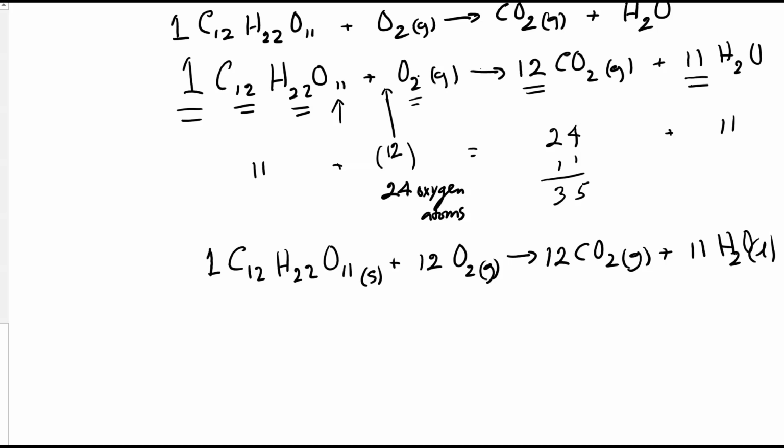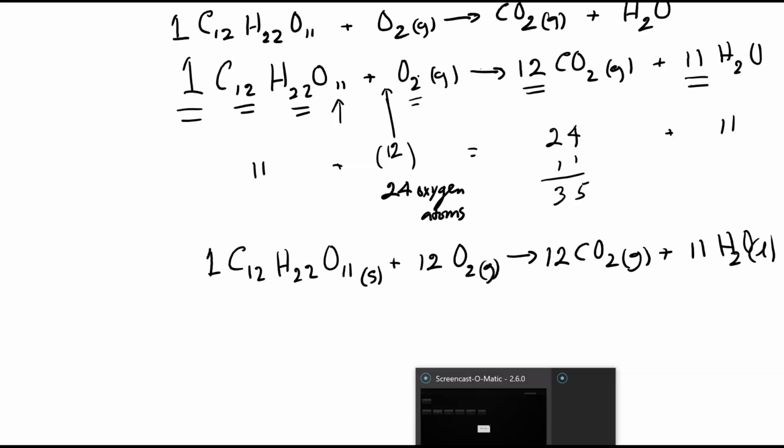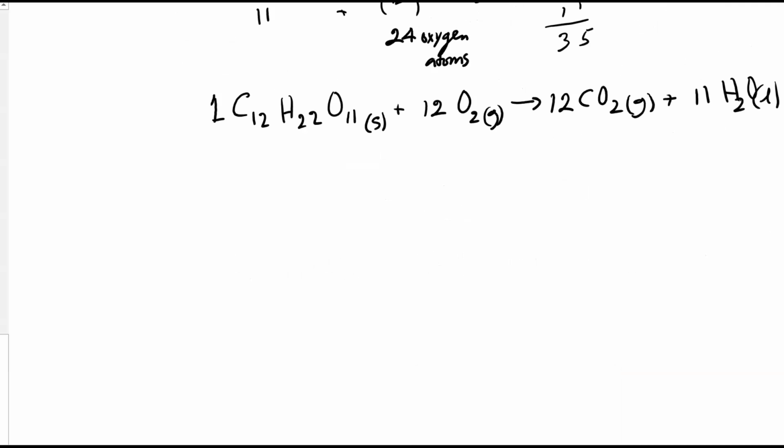Let's try one more example, and we'll work through the process for the setup using one more example of a reaction. In this reaction, we're going to take some zinc compound. In this case, let's take some zinc phosphate. Now, zinc phosphate is this formula. It's somewhat more complex, it's solid.